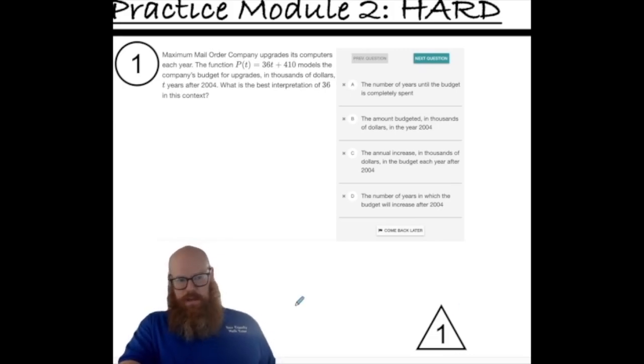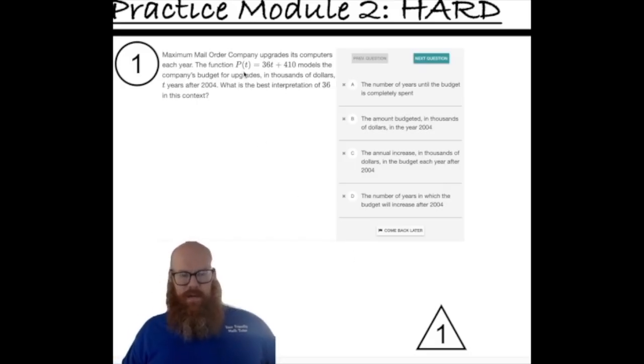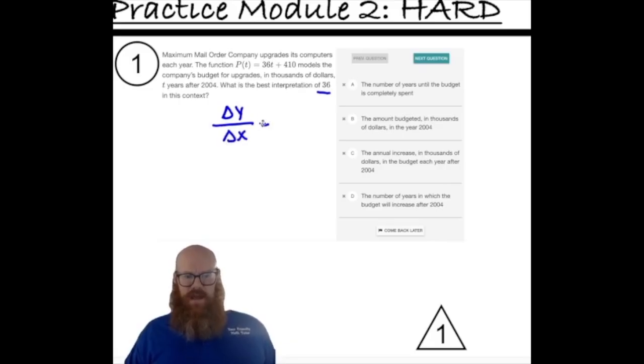So here in number 1, we have an equation that's in slope-intercept form, and it wants the best interpretation of 36. Basically, we want to notice that 36 is in the position of the slope, and the slope is rise over run. I like to just write it as change in y over change in x.